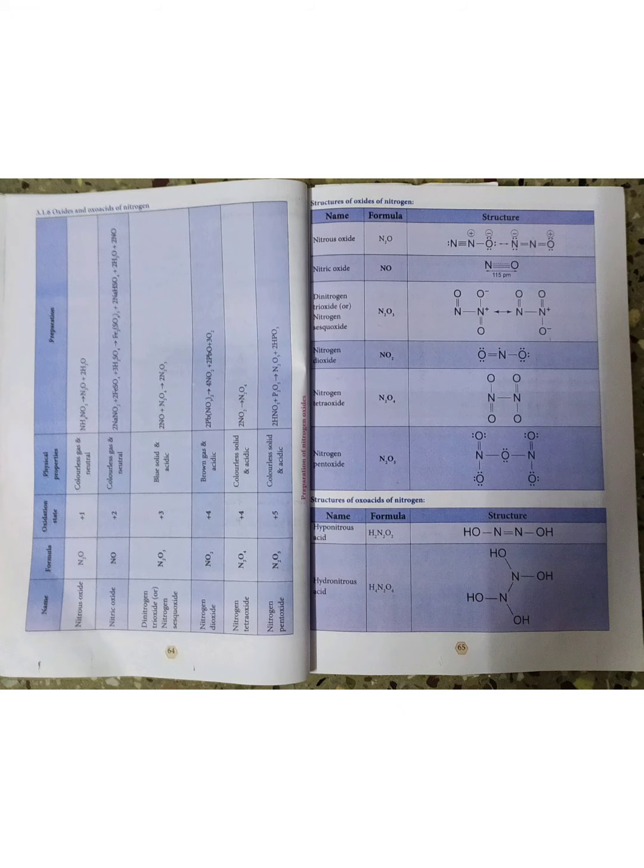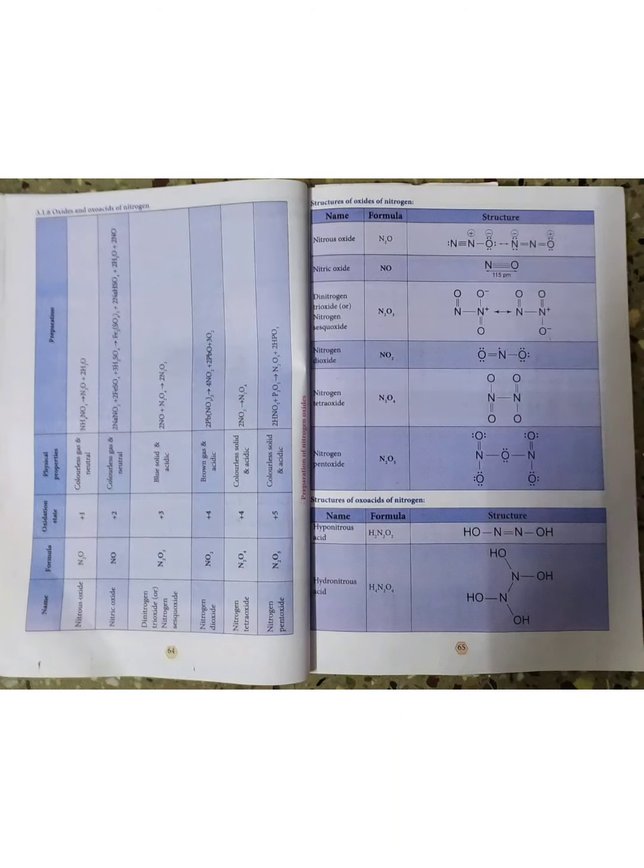Oxyacids of nitrogen, if you take, what are they? Hyponitrous acid, that is H2N2O2, and H4N2O4. That and all they have given in the book. Structure, like the electron dot structure, they have given in the book. And preparation of oxyacids, if you take hyponitrous acid, nitrous acid, pernitrous acid, nitric acid.